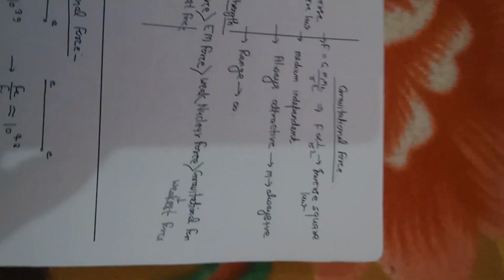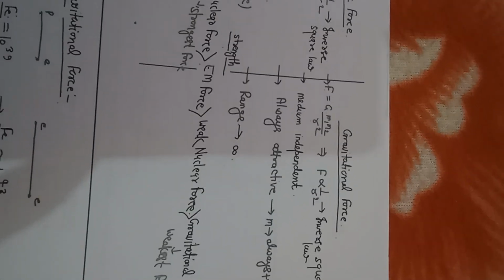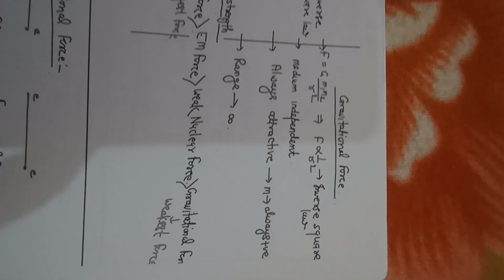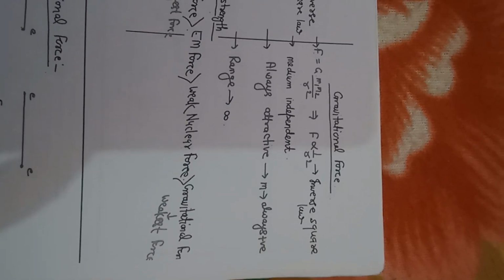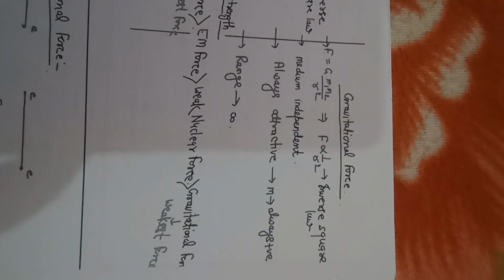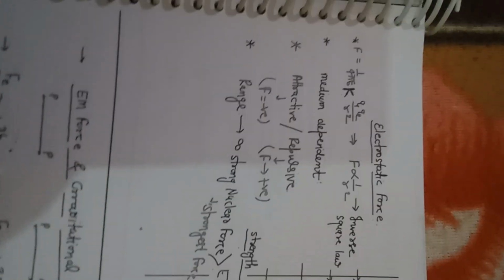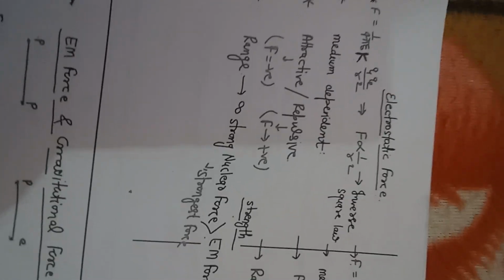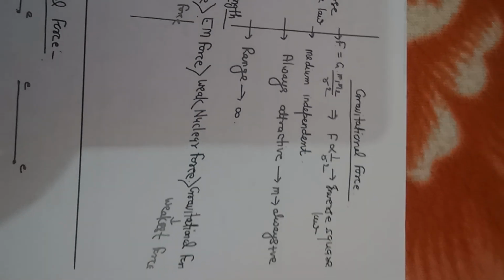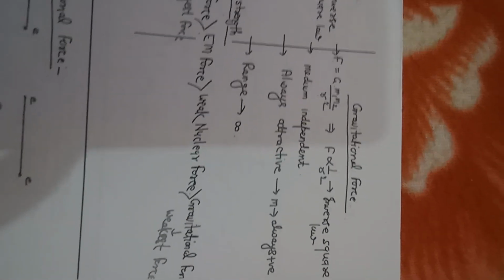That's why it's called the inverse square law. And when we come to gravitational force, F is equal to G m1 m2 upon r square, and F is directly proportional to 1 upon r square. So that's why it is also an inverse square law. Electrostatic force is medium dependent, and gravitational force is medium independent.